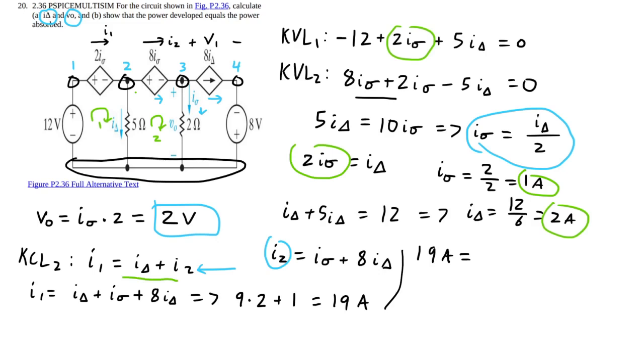So we know I delta to be 2 amps. That means that I2 has to equal 17. That's just 19 minus 2, 17 amps. Okay. So now our task is to find the voltage over here.